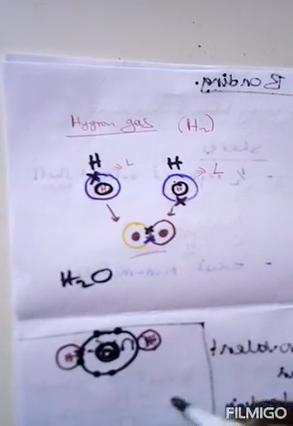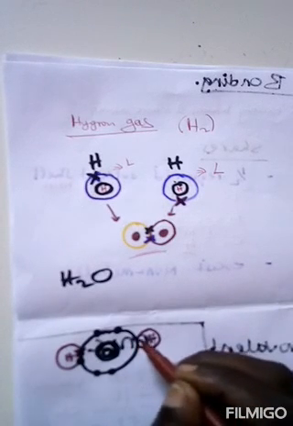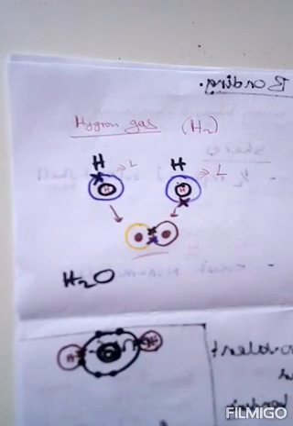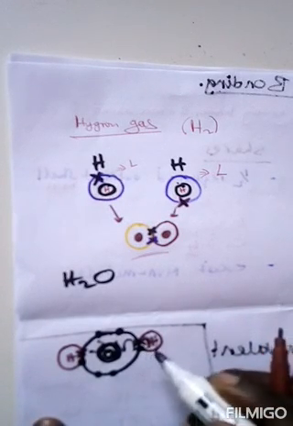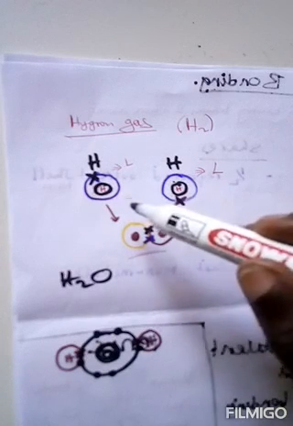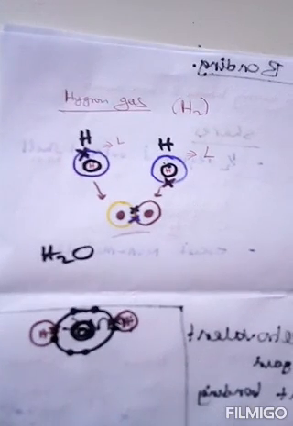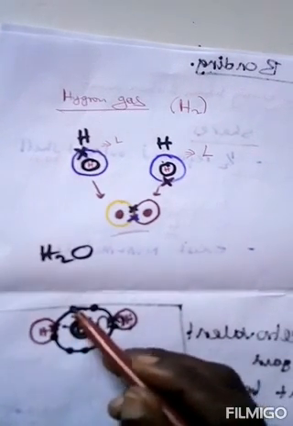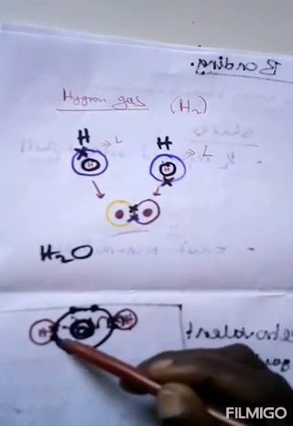Remember, oxygen needed how many electrons to be full? It needed 2. So they are sharing them. What is important is this kind of bonding. I know this might not be clear, but if you use this as the reference, it will become clear. What is important is that the shared electrons belong to both. If you count for the oxygen here, we start with this one: 1, 2, 3, 4, 5, 6, 7, 8.